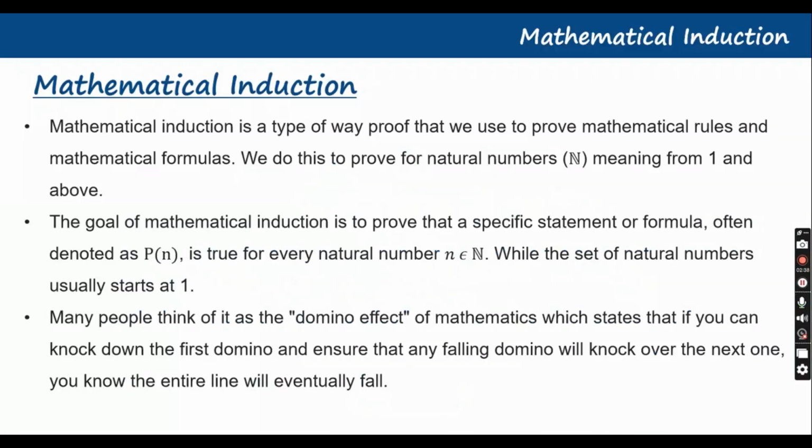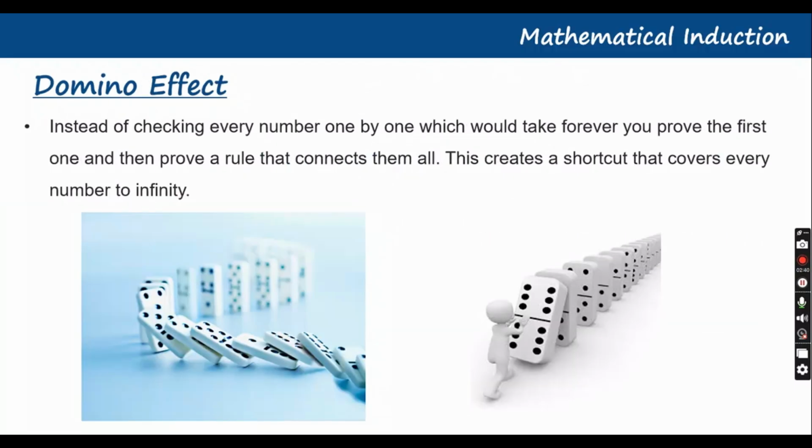So if you remember, we talked about the domino effect, right? Because we were saying we want to prove a certain mathematical statement is valid for any integer that we insert into the formula.